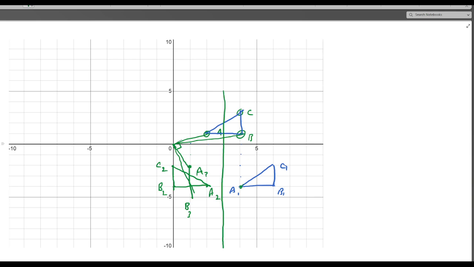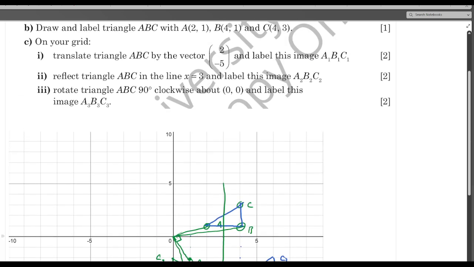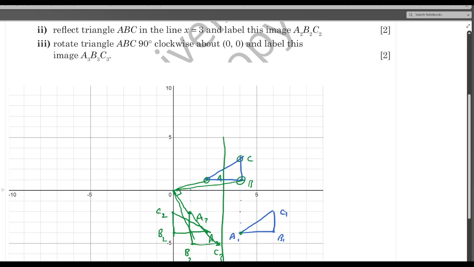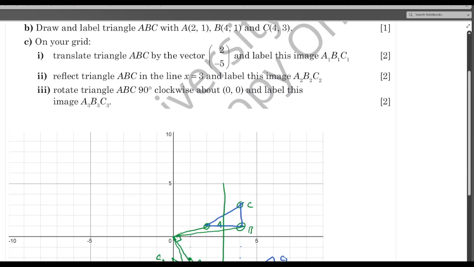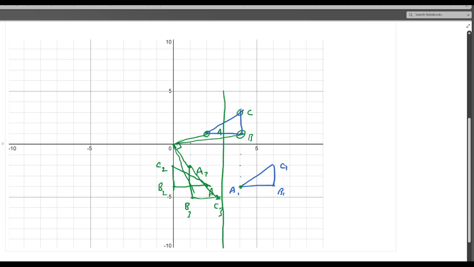Here C3 will be somewhere 2 units on this side, and this is going to be your triangle A3 B3 C3. This is your 90-degree rotation. So I think there is something wrong with the problem. They should not ask me to do a 90-degree clockwise rotation. But fine, according to the question, this should be your diagram.